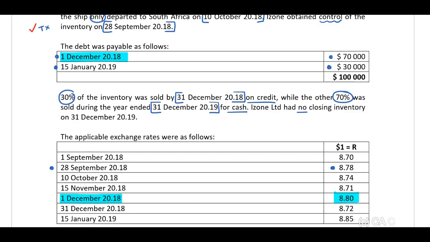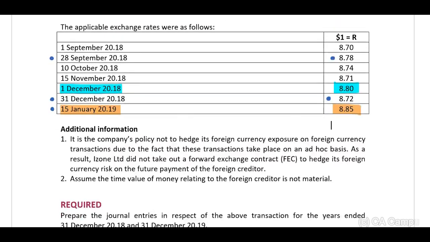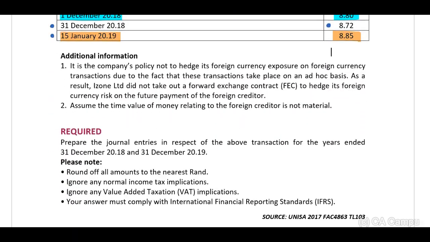Then our year end is 31 December 2018, R8.72, and our second payment date, 15 January 2019, 885.